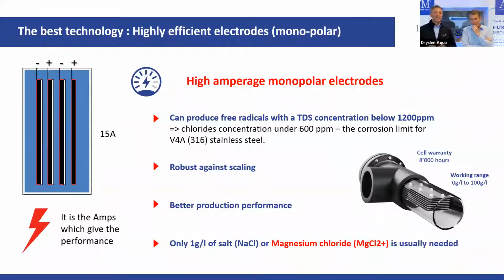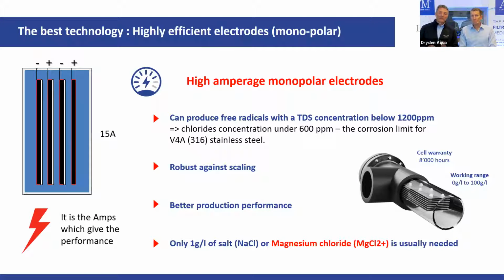The advantage of monopolar cells is they are much more robust against calcium scaling, because if you get calcium scaling on the slaves and you change the polarity, of course it's not that easy to release this calcium. This is why Hayward Iberica started to produce these monopolar cells, because especially in their area, Barcelona, you have quite hard water.